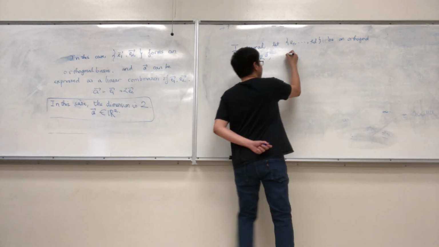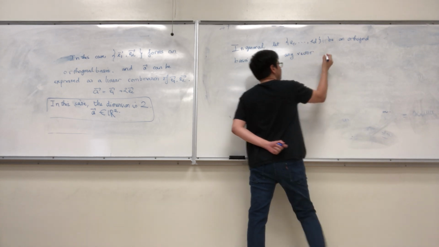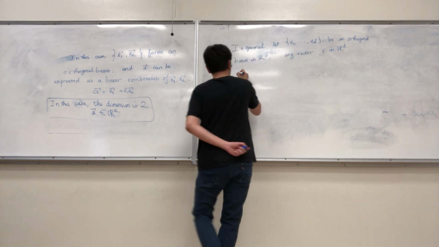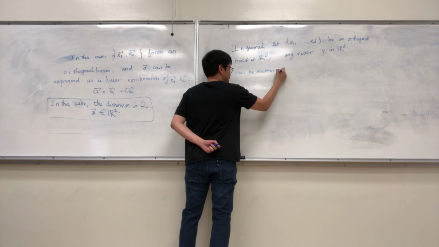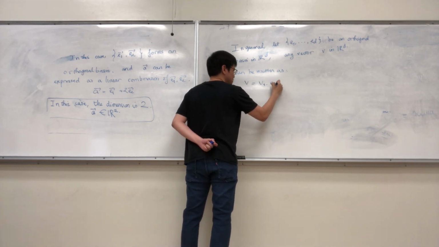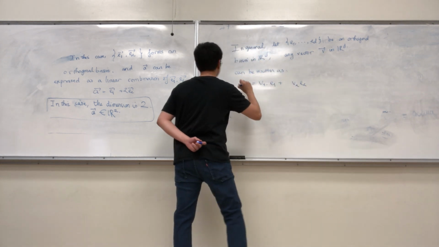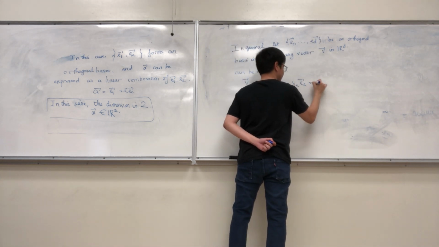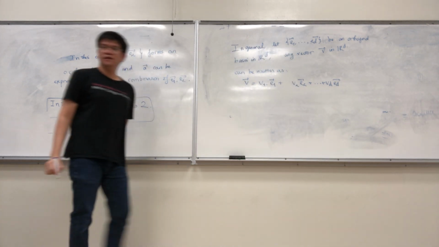Any vector V in RD can be written as V is V1 times E1 plus V2 times E2 plus ... plus VD times ED, right?